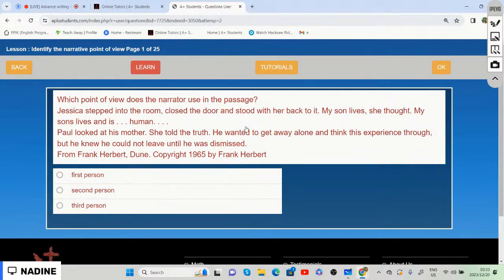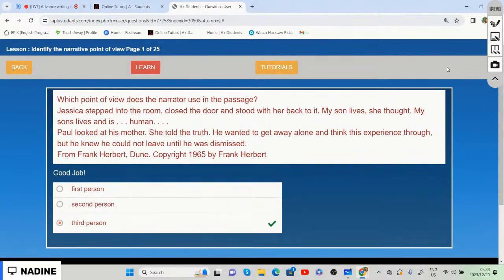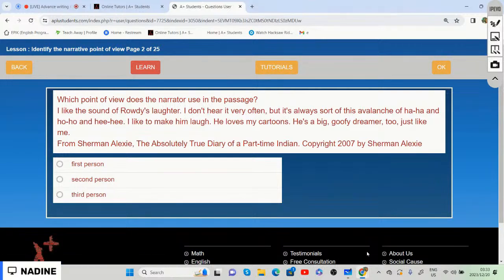All right, so if we look at the passage, right, then we can say this is in third person, especially since they are naming characters by name. And it is the third person.